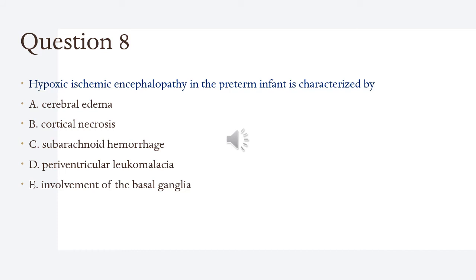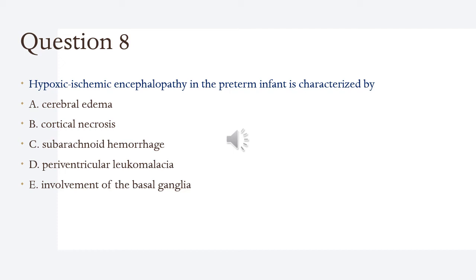Hypoxic ischemic encephalopathy in the preterm infant is characterized by. The question here is asking about HIE in a preterm baby. As we know, in a term baby we can find cerebral edema, cortical necrosis, subarachnoid hemorrhage, and involvement of basal ganglia.